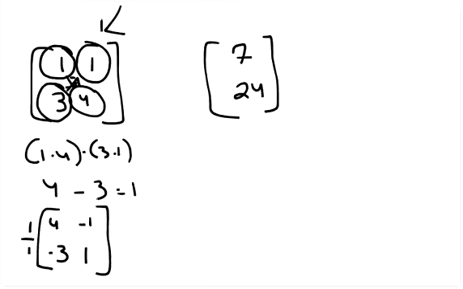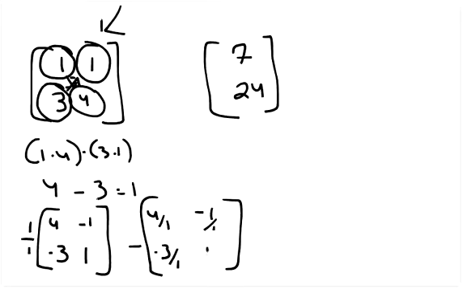And now we multiply this out to get 4 over 1, negative 1 over 1. I'm making it fractions unnecessarily just so you guys can see the steps. And then this of course would be 4, negative 1, negative 3, 1. That was really pointless, I'm just multiplying it by 1, but I just wanted you guys to see the steps.